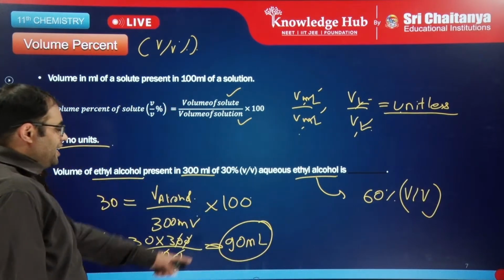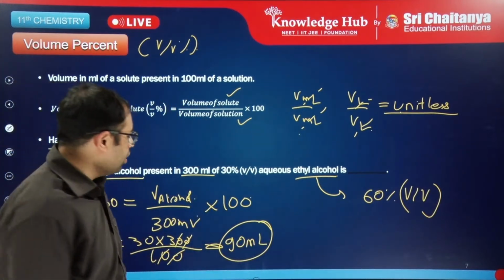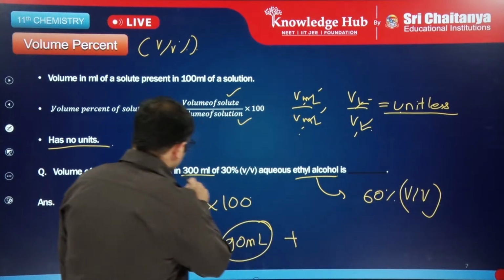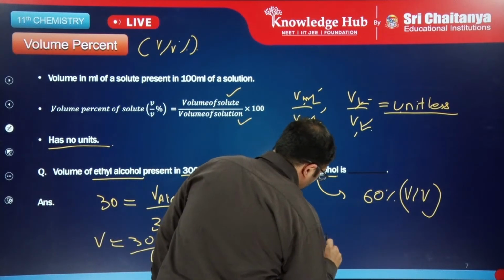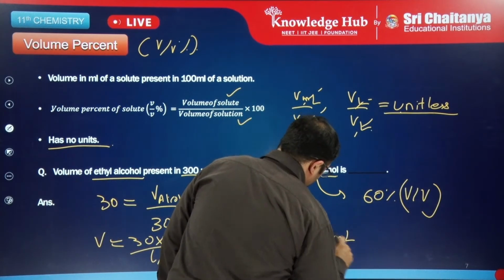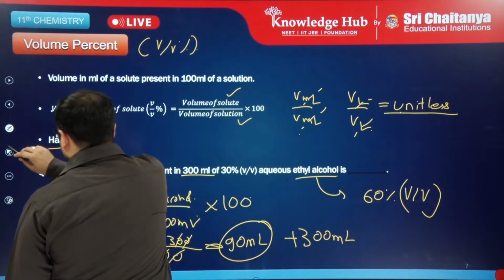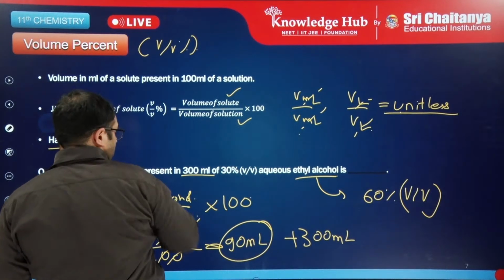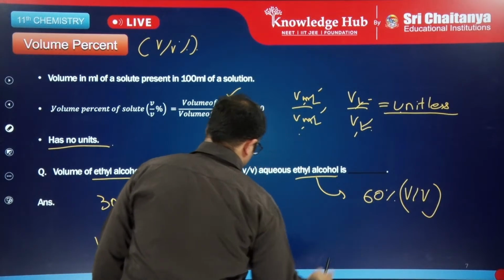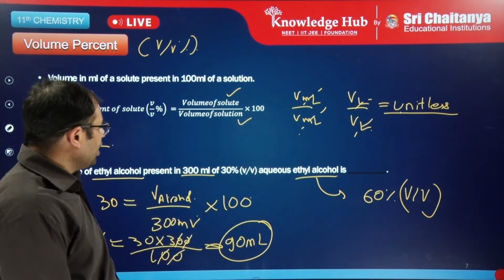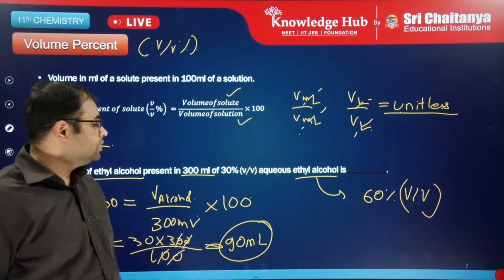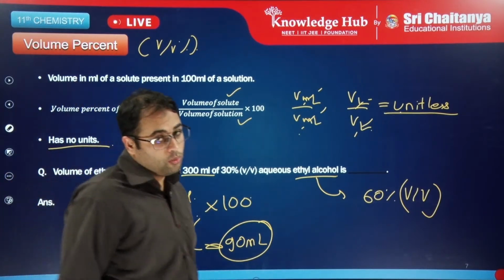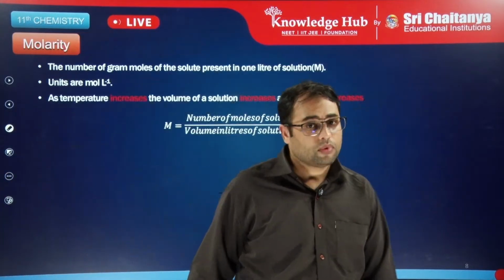So when you use 90 ml of ethyl alcohol, then you get a 30% volume by volume solution.